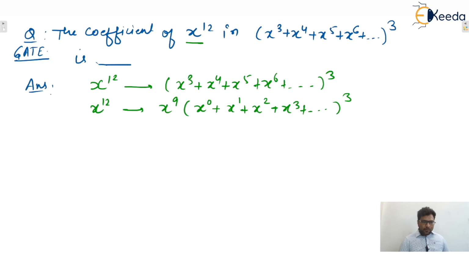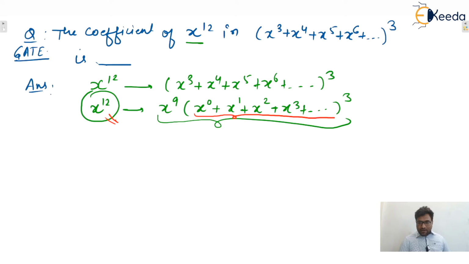Now, finding the coefficient of x power 12 in the entire expression is the same as finding the coefficient of x power 3 in this particular expression, listen correctly, guys. Because x power 3 will be multiplied with x power 9.